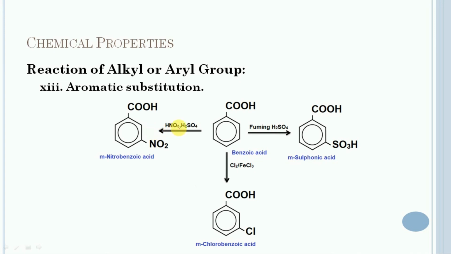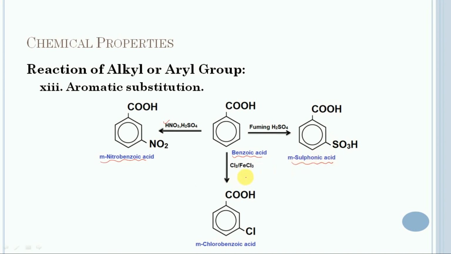So let us consider first of all the nitration of benzoic acid. It will take place in the presence of concentrated nitric acid and concentrated sulfuric acid, and meta-nitrobenzoic acid will get formed. In the second case, benzoic acid will undergo sulfonation in the presence of fuming sulfuric acid, and meta-sulfonic acid will get formed.